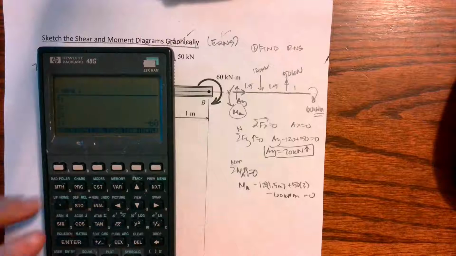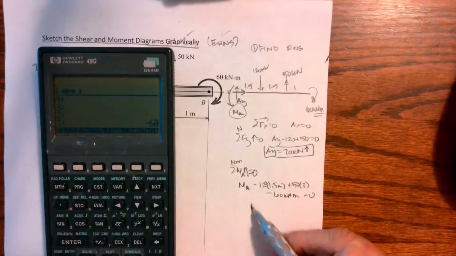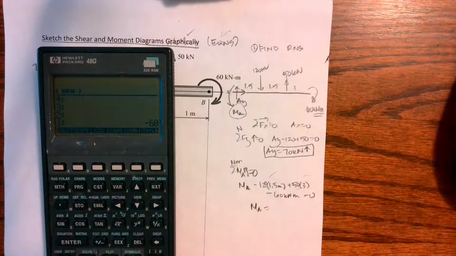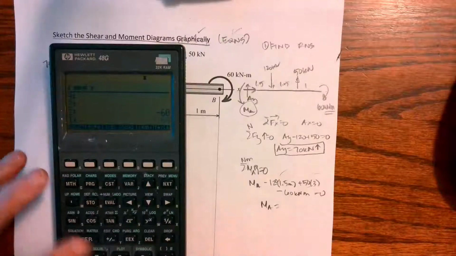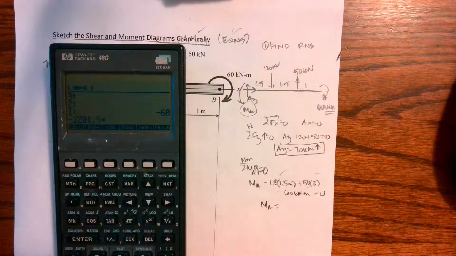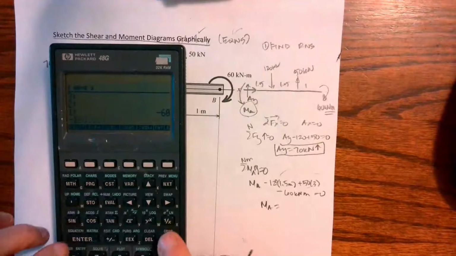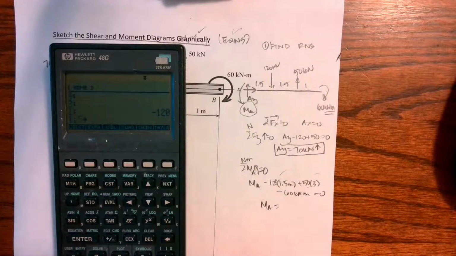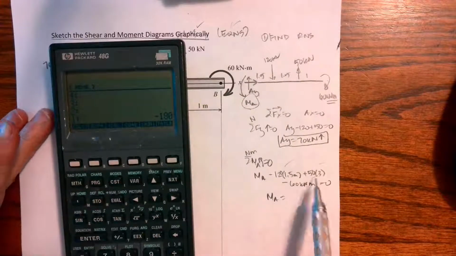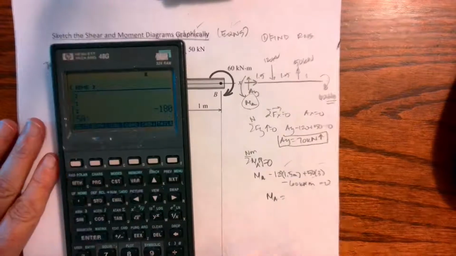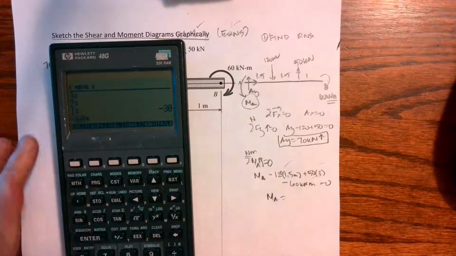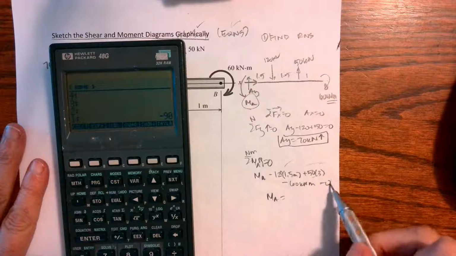So I have moment at A, I'm going to keep on this side, and I'm going to take everything else algebraically to the other side. So I have negative 120 times 1.5, plus 150, minus 60, and all of this goes over.